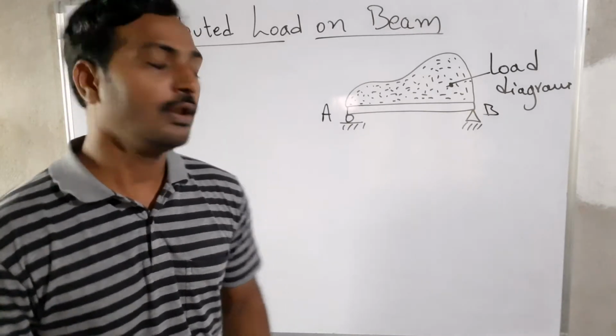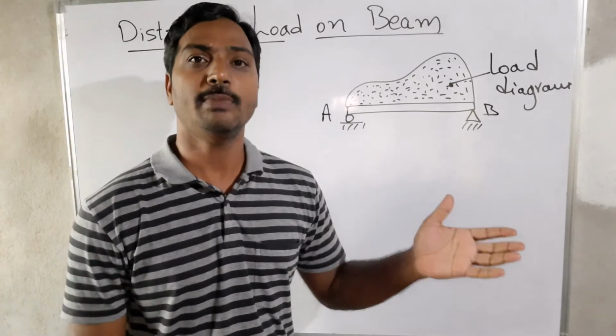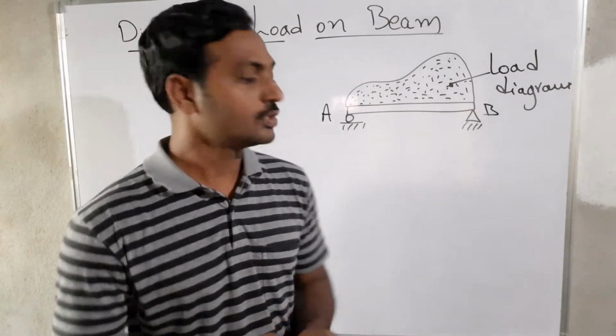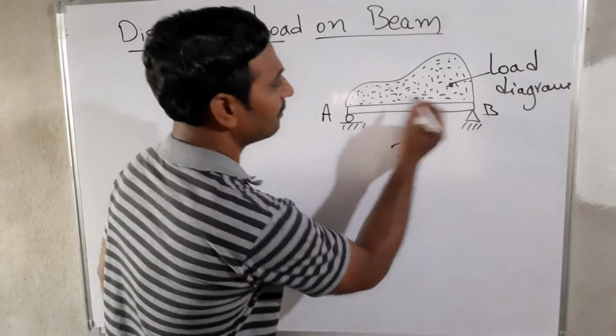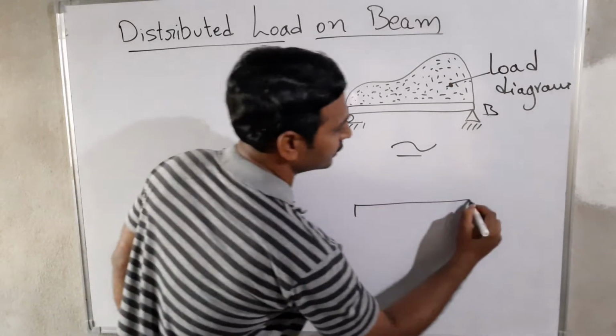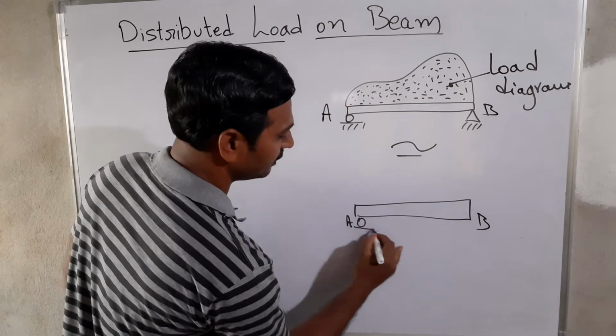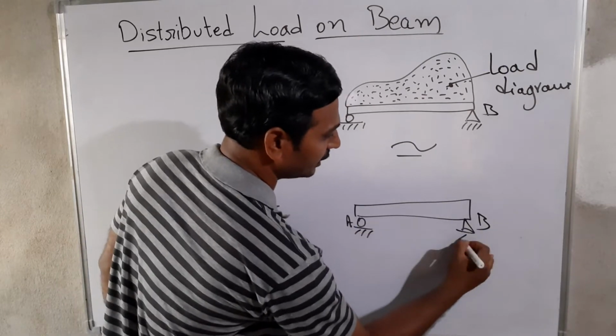For the simplification purpose, I am going to convert it into a series of parallel lines. So in this case, I am taking the same diagram over here. This is the beam A as well as B, supported on the roller and on the triangle edge.